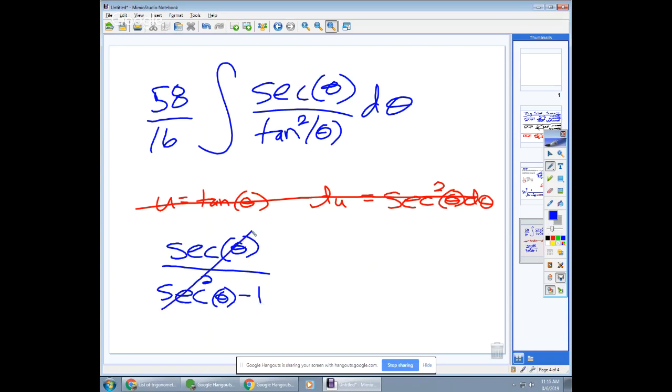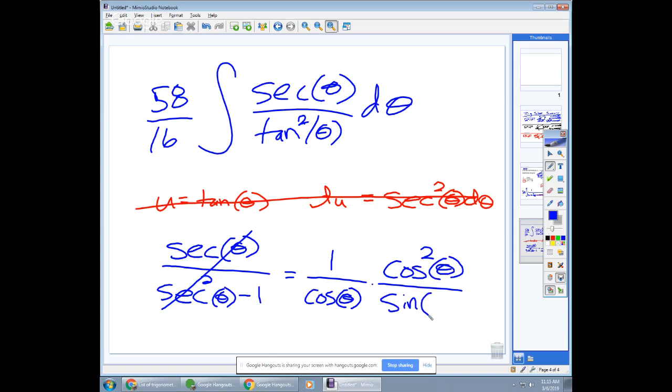We could switch to sines and cosines. That might help. So let's see. Secant is 1 over cosine, so I'm going to have a 1 over cosine in there. Tangent is sine over cosine, but this is in the denominator, so it'd be cosine over sine. So that would give me cosine squared, because it's a tangent squared over sine squared.